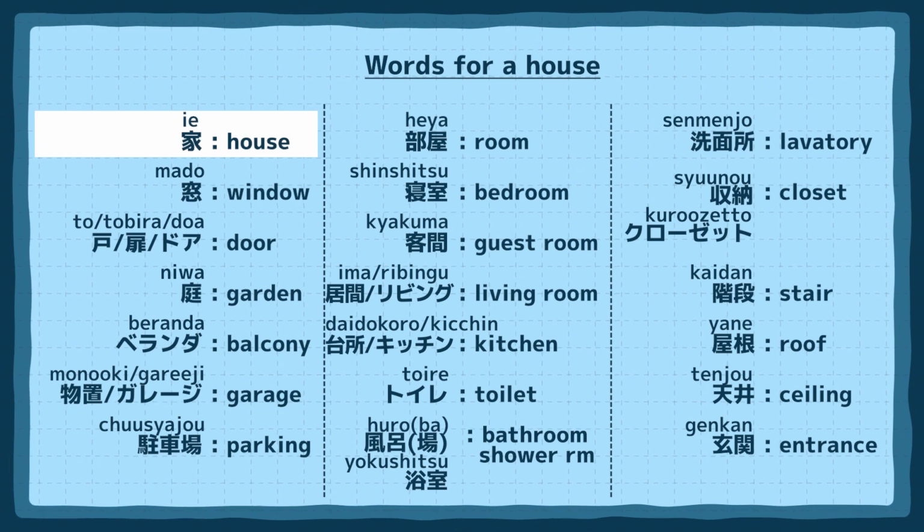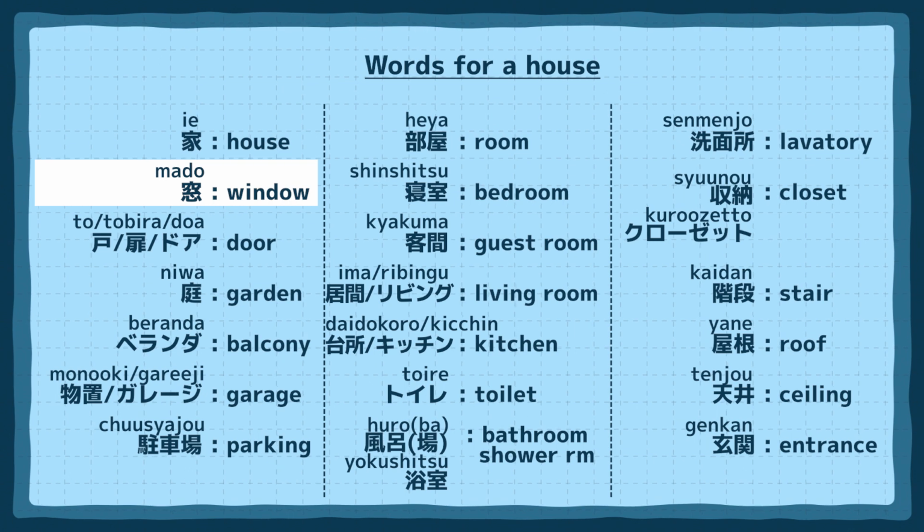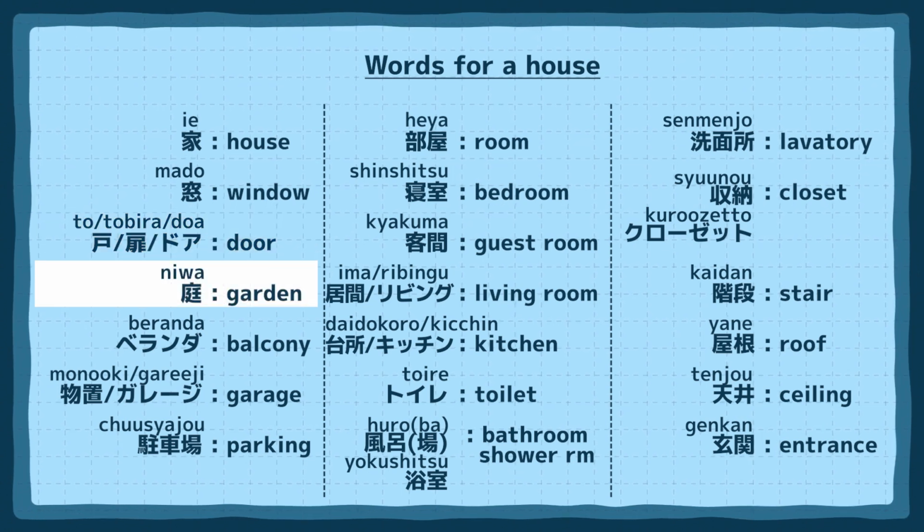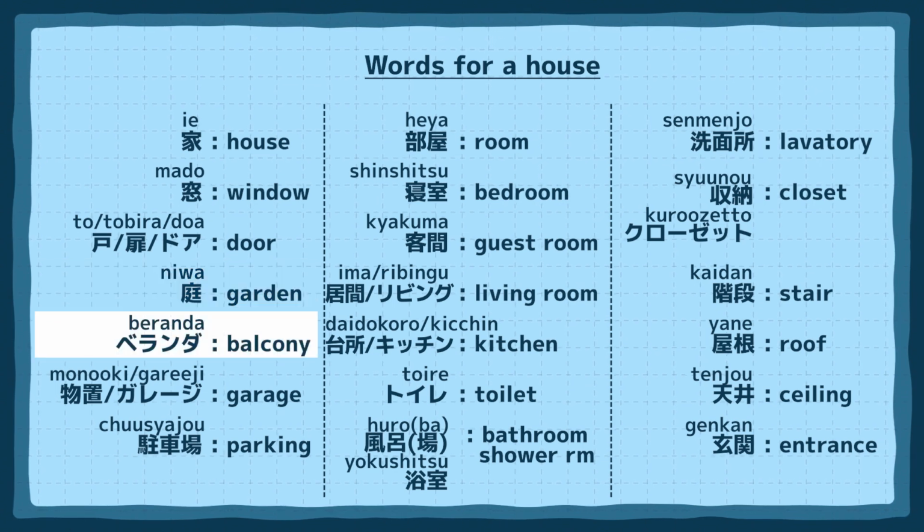House, 家. Window, 窓. Door, 戸 or 扉, although we commonly use English word door. Garden, 庭. Balcony, ベランダ.